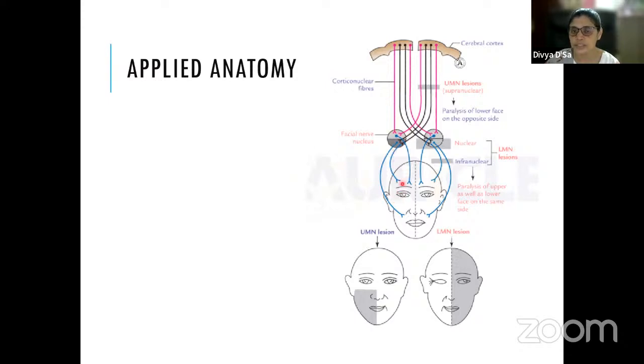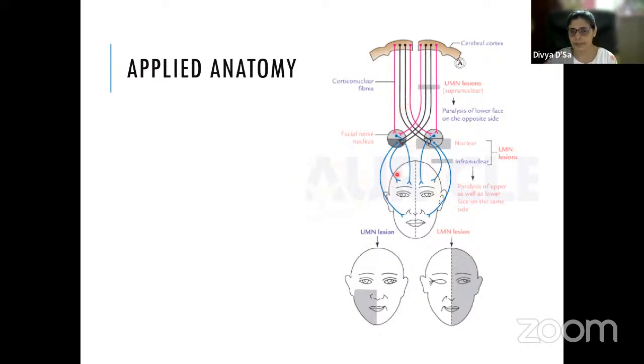Since the right side corticonuclear fibers also supply the upper part of the face, that is why the upper half of the face is spared. Only the lower half is affected. So you should remember the upper half is supplied by fibers from both the sides.